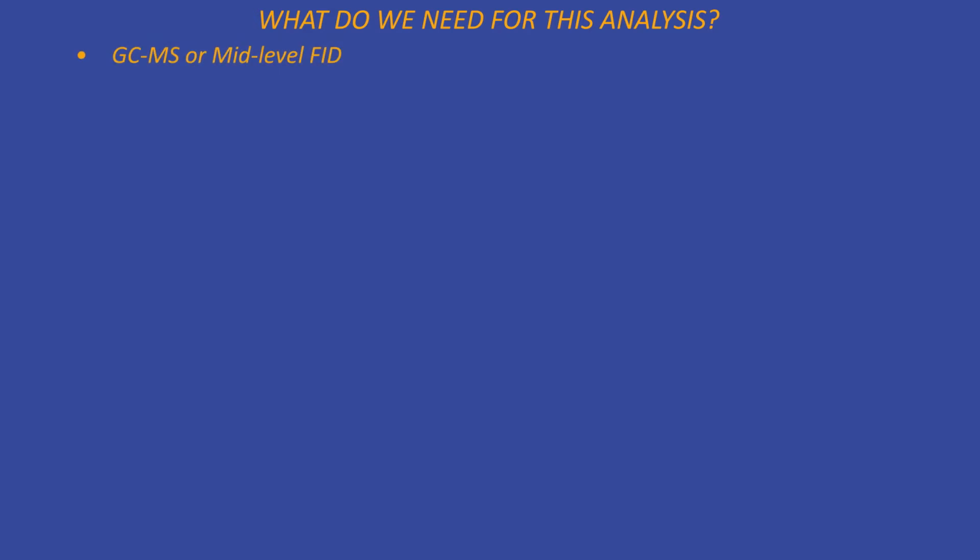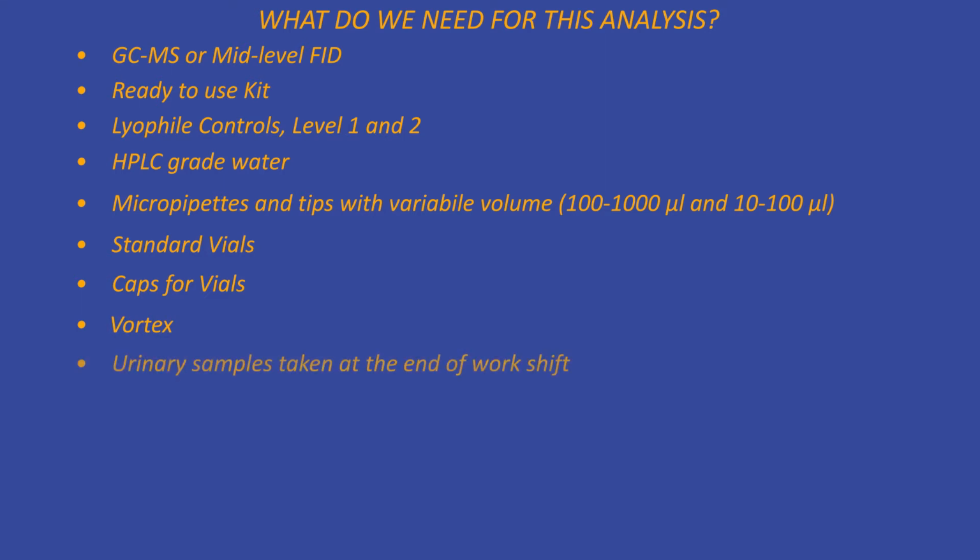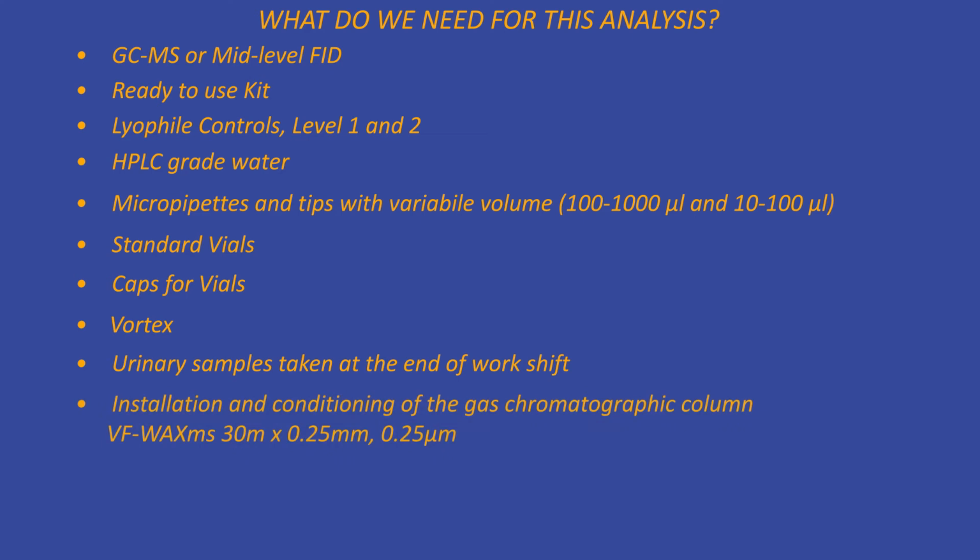GCMS or mid-level FID, ready-to-use kit, lyophilized controls level 1 and 2, HPLC grade water, micropipettes and tips with variable volume, standard vials, caps for vials, vortex, urinary samples taken at the end of the work shift, installation and conditioning of the gas chromatographic column VF-WAXms 30 meters according to the specification reported by the manufacturer, Pyrex tubes, dry stove, rotating or linear tube stirrer.